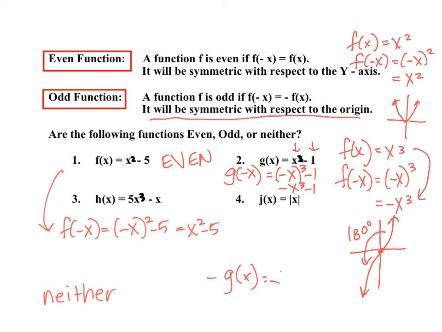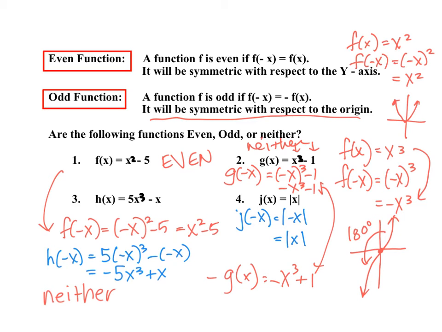That would be negative x cubed minus 1 or plus 1, so you have to distribute that minus. So these are not equal. So this one is not odd, it is neither. All right, why don't you pause the video here and try 3 and 4 on your own.